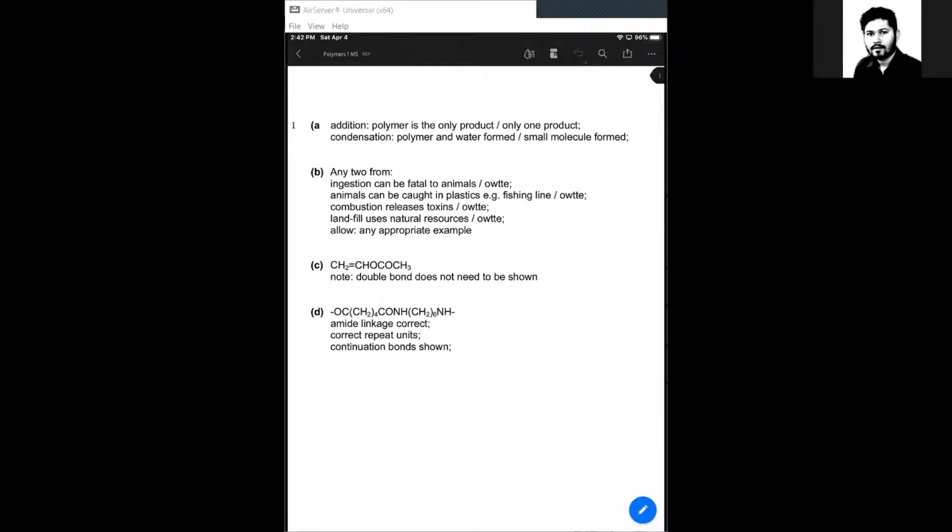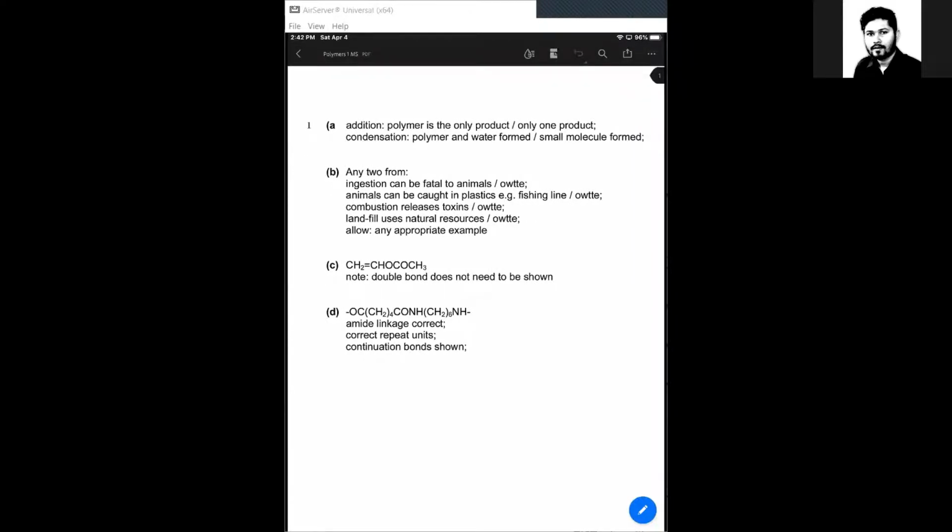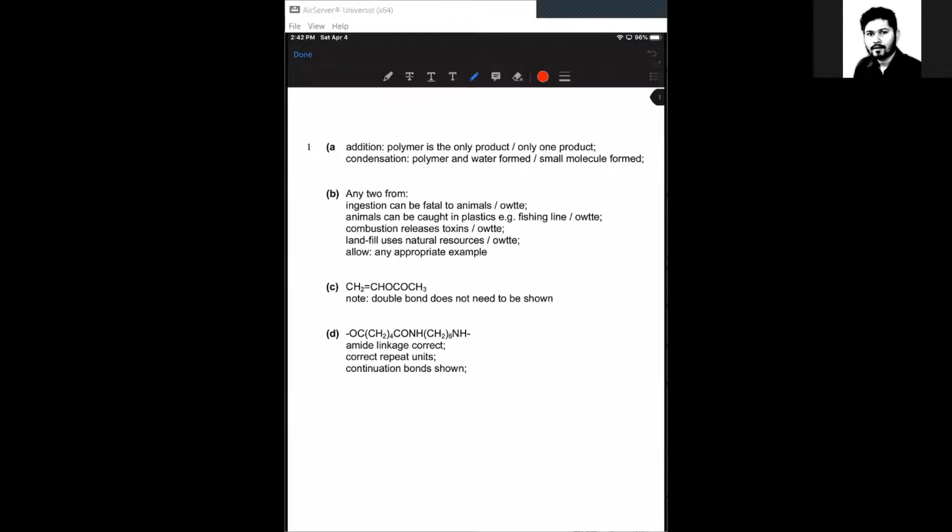So the first question is, there are two types of polymerization, addition polymerization and condensation. Explain the difference between these two. In addition, there's only one product that is formed, which is the polymer.